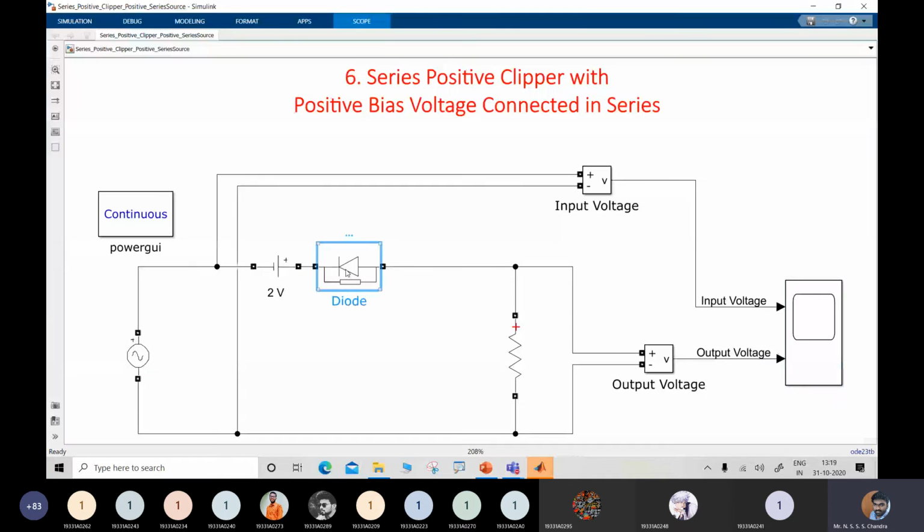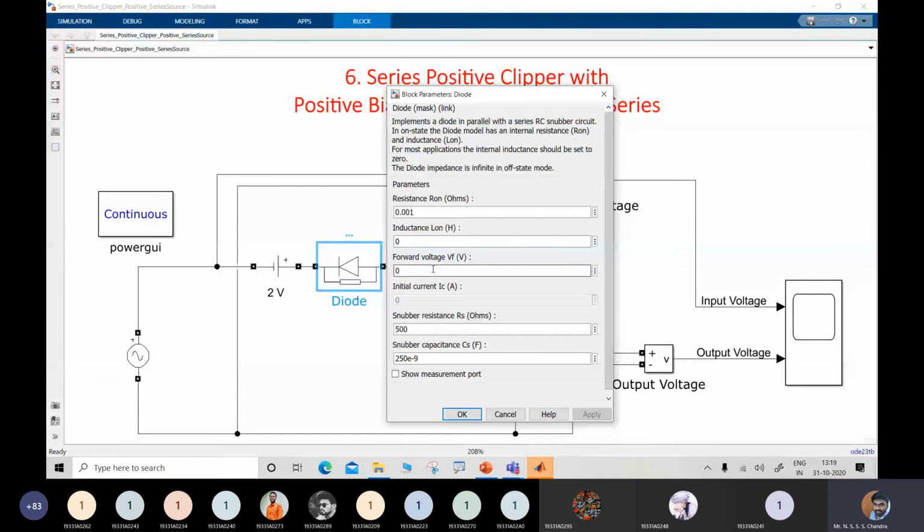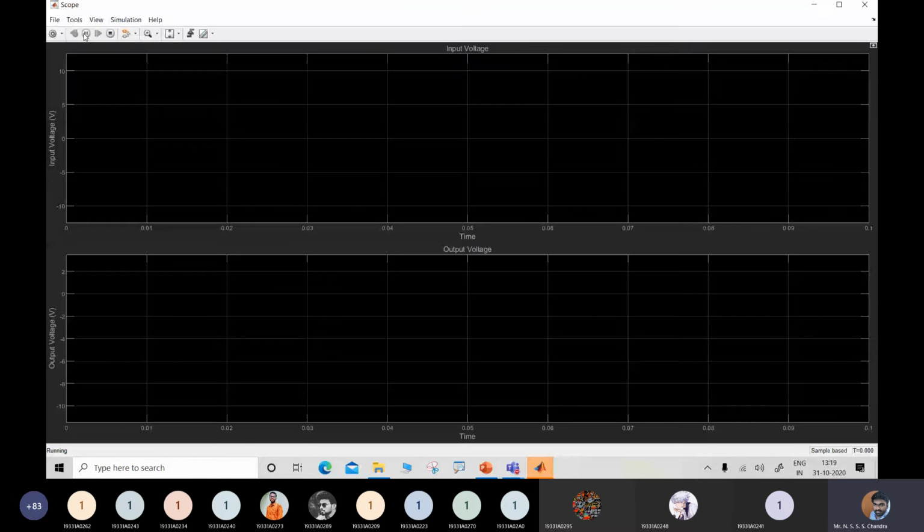So now I'll be taking the diode voltage as 0.7 volts, and then I will rerun this simulation. Now you can see that the negative peak has decreased below the minus 8 region.